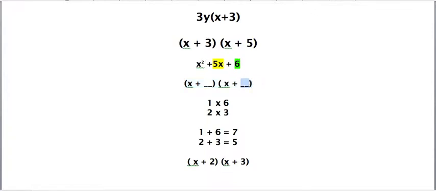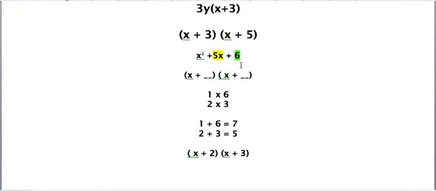So it could be like 6 or 8 or 10, and that's our job to figure it out. So what we need to do is we need to think of it like this. We need to find two numbers that add to this and multiply to this. So in this case, we need to find two numbers that add to 5, and multiply to 6.